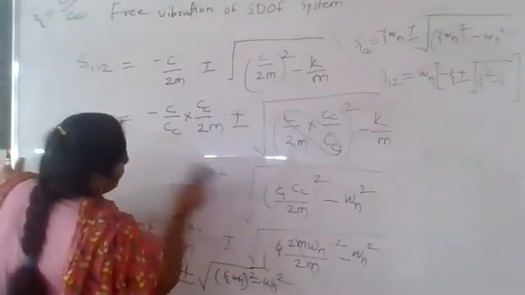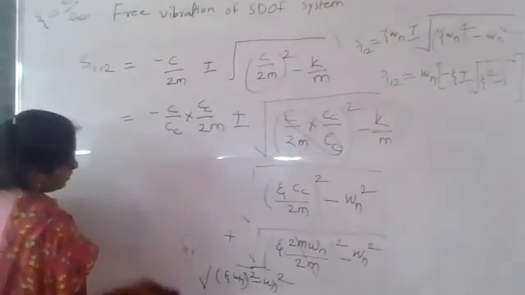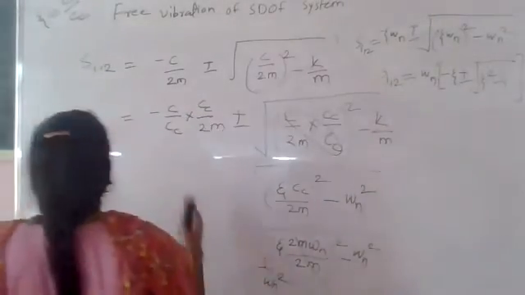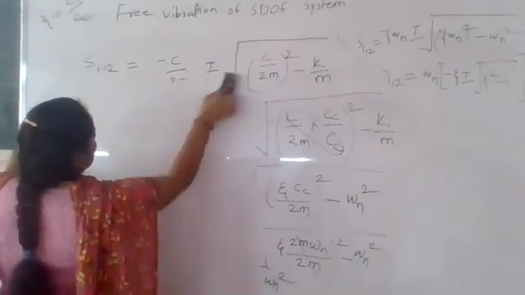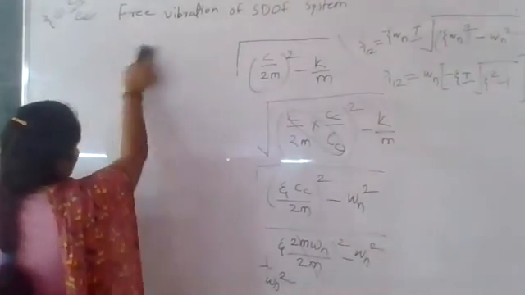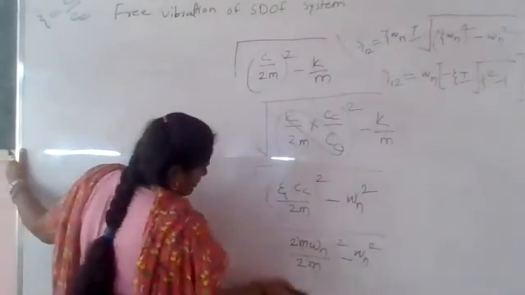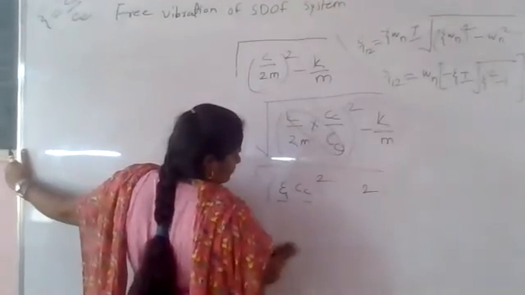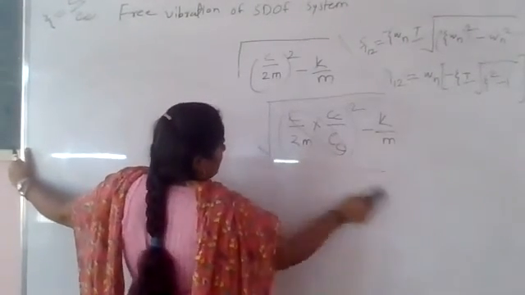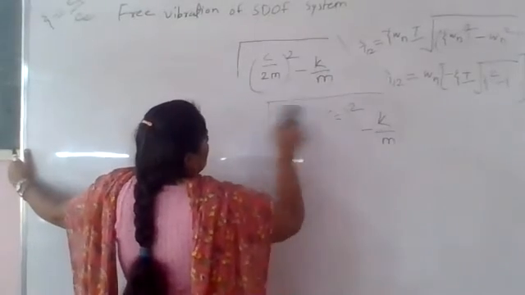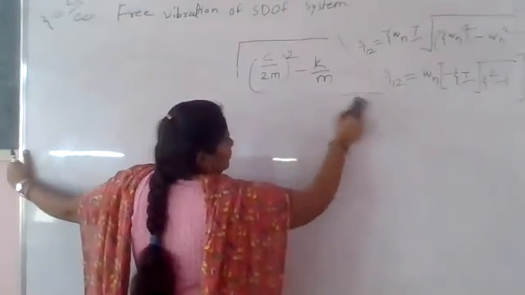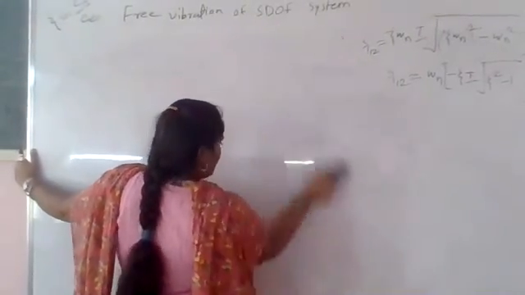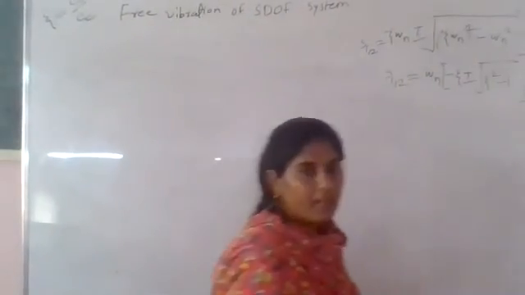Write down the next point. Write down case number 1, case number 2, and case number 3. Write down case number 1: under damped system.